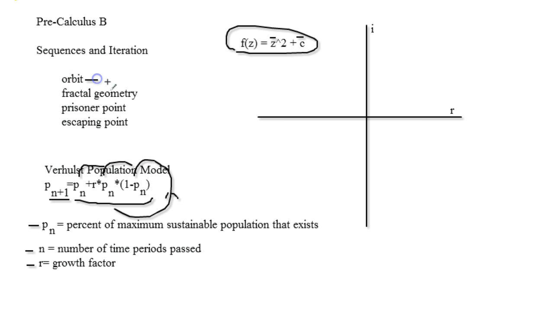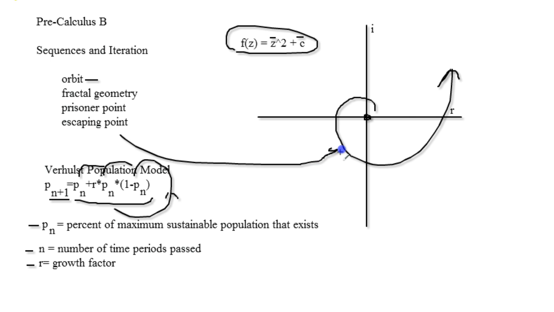The orbit is where it's going as we work with it, and the center of the orbit should always be 0 plus 0i. Now in fractal geometry, if we're plugging in some number and it tends to do this type of work, this would be called an escaping point, because it's escaping from the distance from 0, 0.